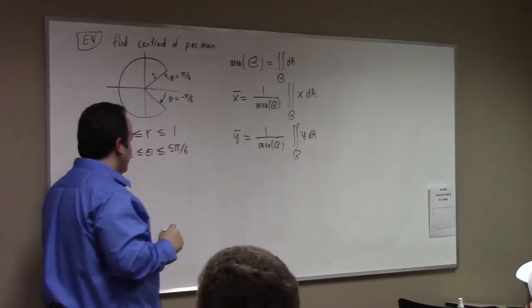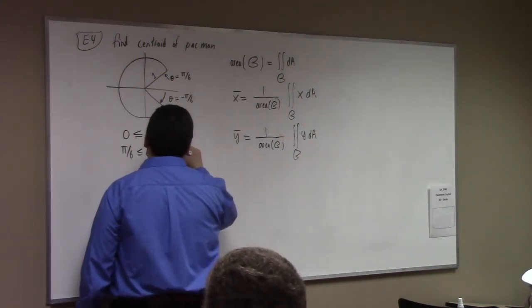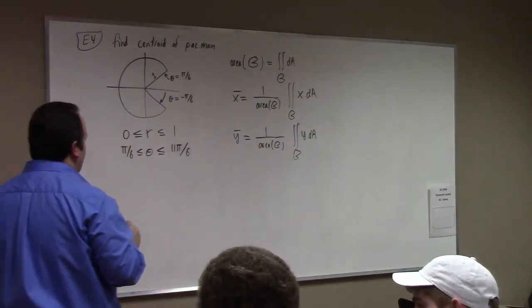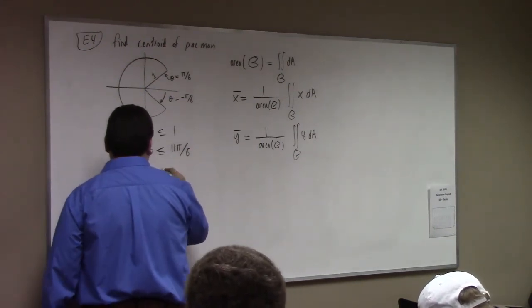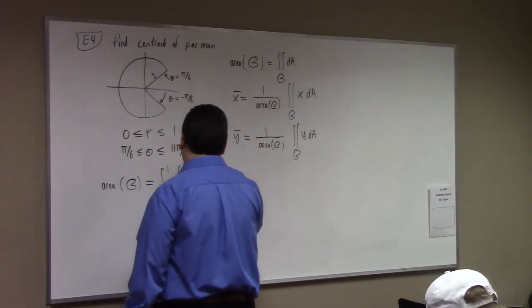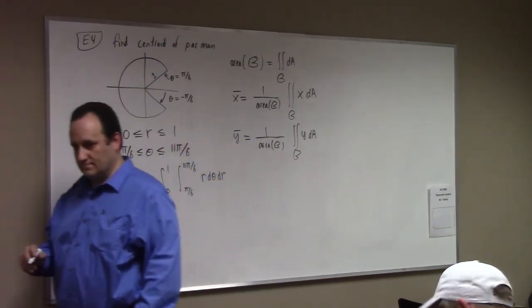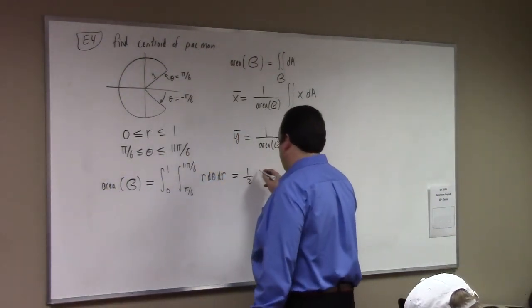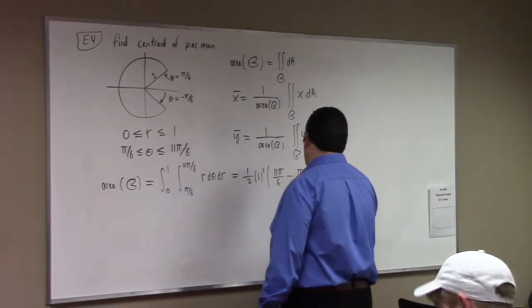Anyway, the area of Pac-Man would be the integral from 0 to 1, integral from pi over 6 to 11 pi over 6, of r d theta dr. And not surprisingly, that works out to what? 1/2 times 1 squared times 11 pi over 6 minus pi over 6.